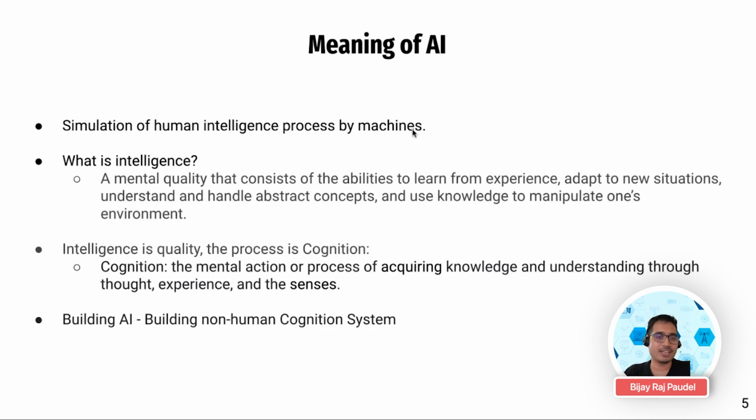Intelligence is a quality, and all the process is called cognition. Cognition is all the mental action and process of acquiring knowledge and understanding through thought, experiences, and senses. So that is cognition. And when we are building AI, we are building a non-human cognition system.